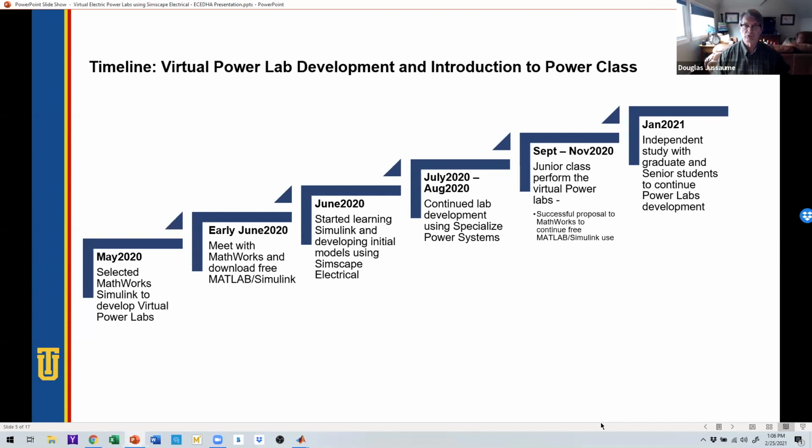The first two labs we developed make use of Simscape Electrical. And then as we continued, the last two labs that we developed made use of the specialized power system components. And then this fall semester, starting in September, we introduced the labs to our junior class.